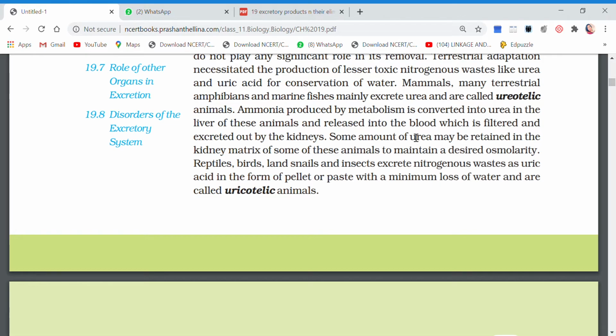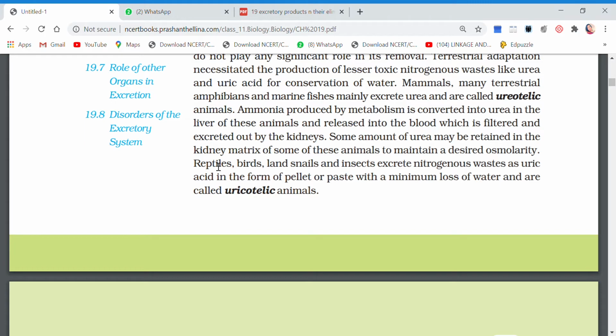So even our blood contains some amount of urea which is necessary to maintain the osmotic potential or osmotic pressure or osmolarity. We cannot get rid of the whole amount of urea from our blood and from our kidney matrix. What is matrix? You will come to know when we do the structure of kidney.